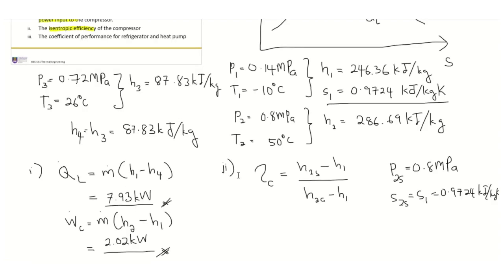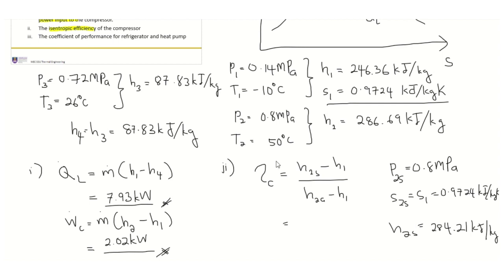From there, the value of H2S is 284.21 kilojoule per kilogram.